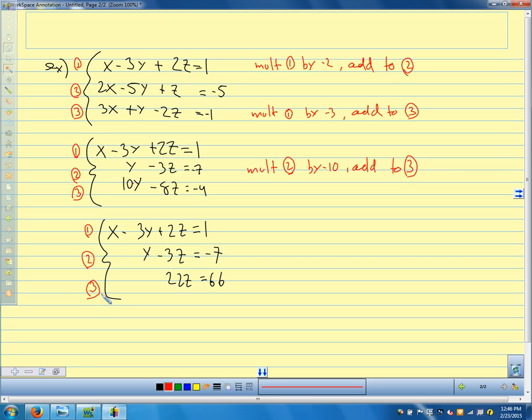And we're almost there. This is not quite in row echelon form. What do I need to do to get it into row echelon form? I need the z by itself. So how can I get the z by itself in that last equation? Divide by 22.